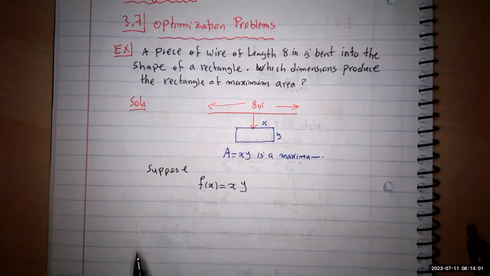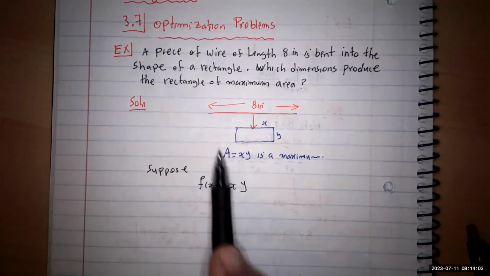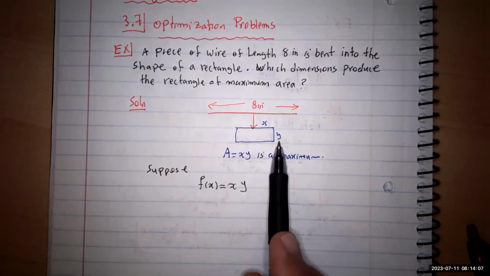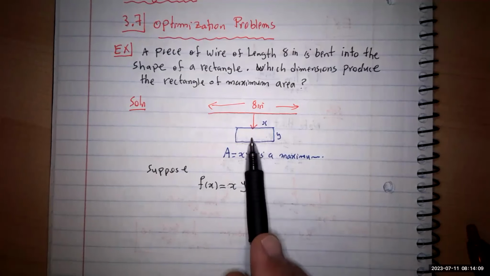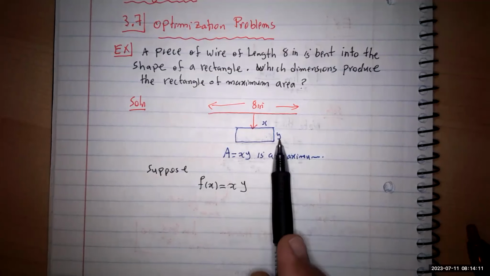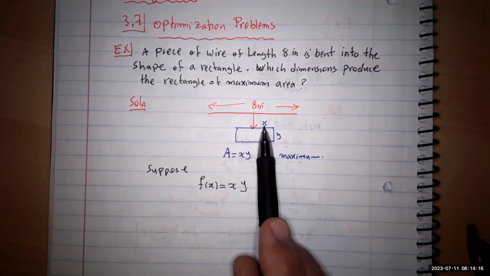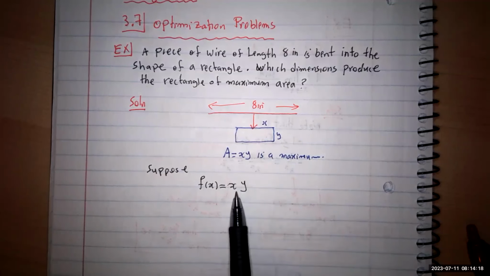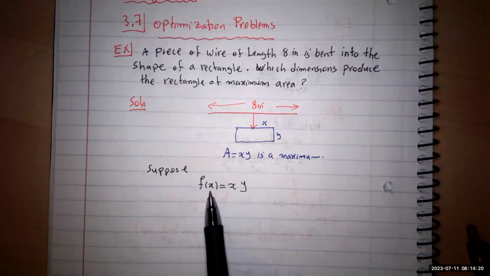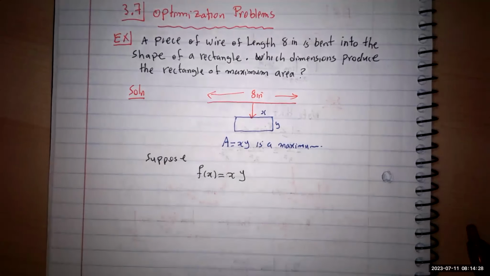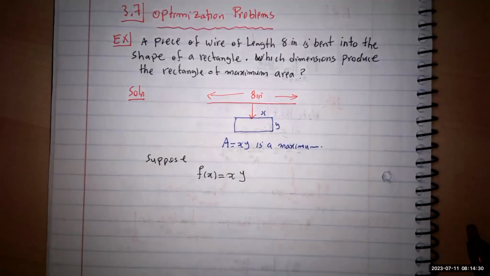So the first thing you have to do is find a relationship between x and y that is given to you, so that you'll be able to find y in terms of x. Then you bring it back here, make it a function of x, f of x, and then use the derivative to find the maximum. It's always the case in these problems that we're going to discuss.